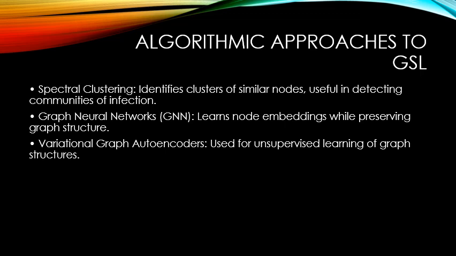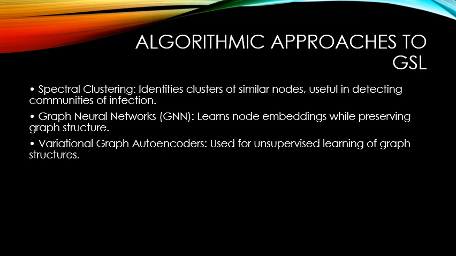Algorithmic approaches to GSL: spectral clustering, graph neural networks, variational graph autoencoders. Spectral clustering identifies clusters of similar nodes, useful in detecting communities of infection.